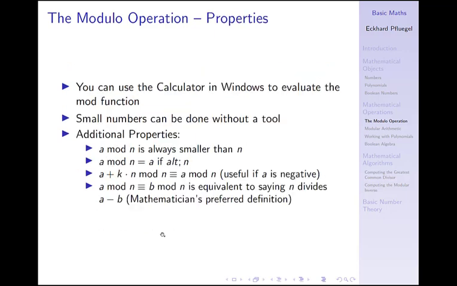So let's present some more properties and facts around the modular operation. First of all, how can you compute this if the number's getting a bit bigger, if it's too tricky to do it in your head? Then you can use the Windows calculator, for example. It's got a tool to evaluate the mod function if you go to scientific mode, and also modern pocket calculators might be able to do it.